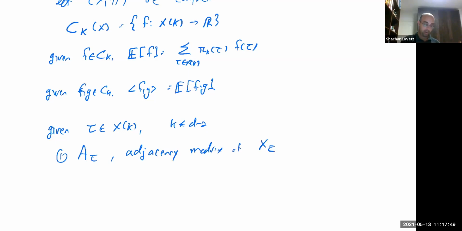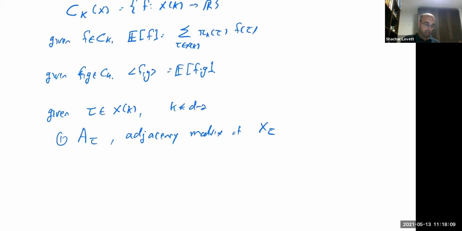We look at the complex of this link, and we look at its nodes and its edges, endowed with the weights on the edges coming from pi. And this defines the adjacency matrix. I'll repeat the definition later once we need it. Actually, what do we need? We need some properties of it. So this was one thing we need.